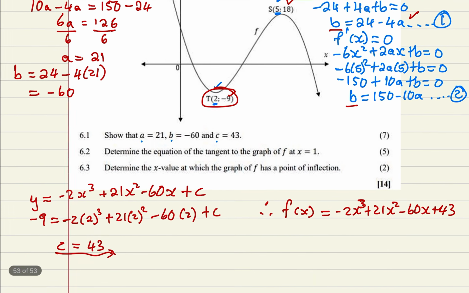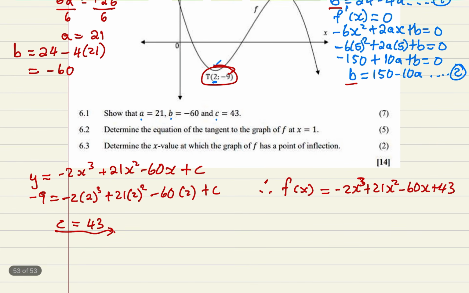Then number 2, they said determine the equation of the tangent. So the first derivative f prime of x equals the gradient. The first derivative is negative 6x squared plus 42x minus 60 equals the gradient.